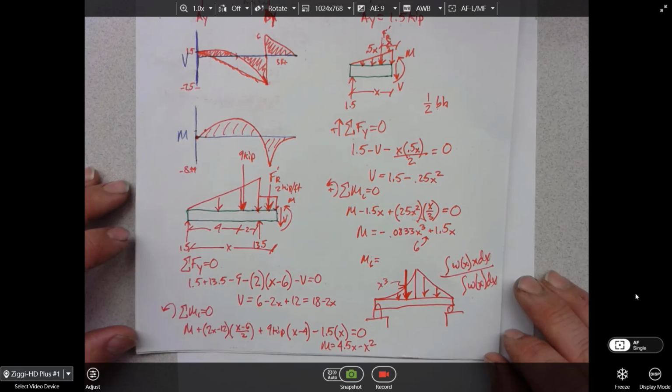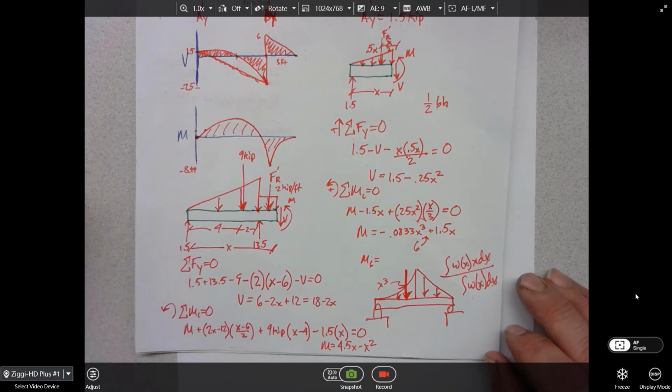So plus, that F prime is going to be the magnitude of the force, which we decided was 2x minus 12, times the distance, which would be x minus 6 divided by 2. Everyone, where does x minus 6 divided by 2 come from?